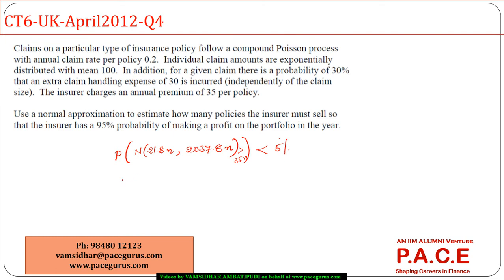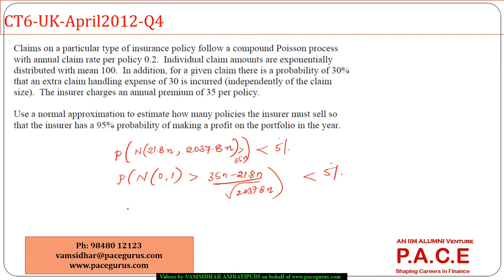So I can make it a standard normal distribution. The probability that this is greater than 35n minus 21.8n divided by the square root of 2037.8n should be less than 5%.